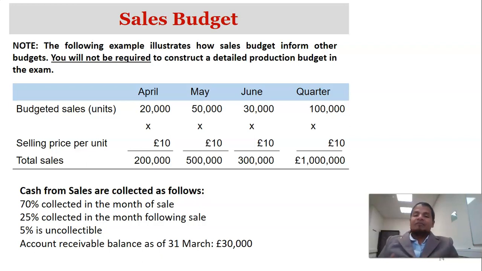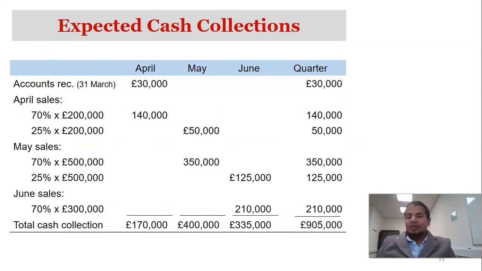If you have anything outstanding in the current month, that will be collected in the next month, and a certain amount would be uncollectible. So the 30,000 from March is collected in April, and the total is 30,000.